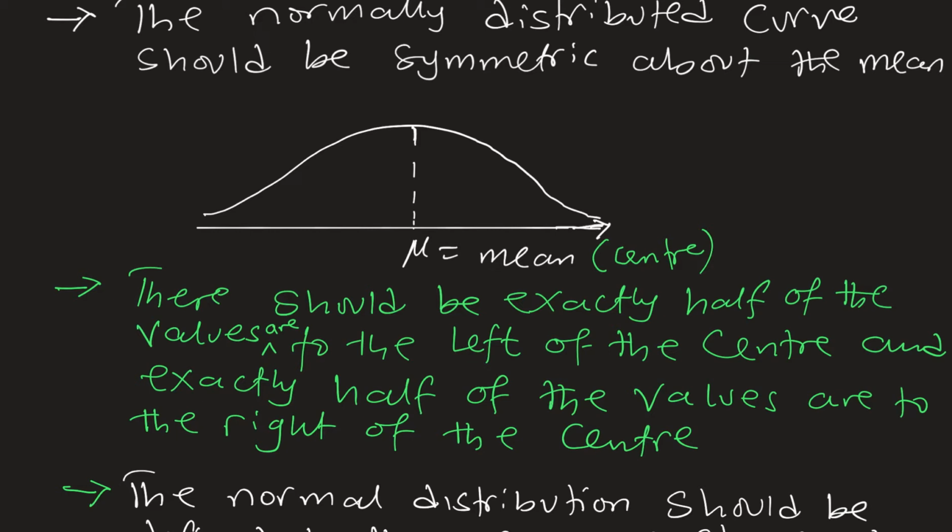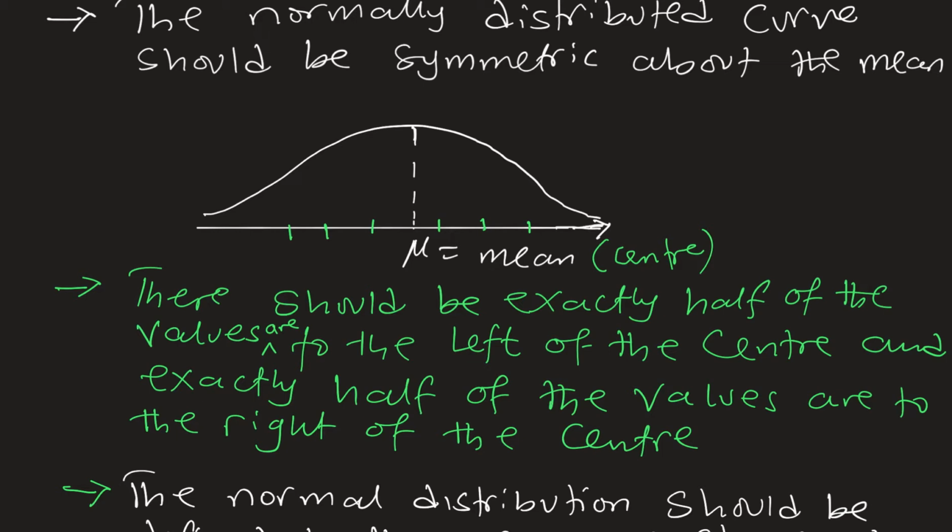Since the mean is at the center, the values on the left and the right should balance. If you have a value here, there will be a corresponding value on the other side. If you have another value, there will be another on this side. So the values to the left and the right of the mean must always be the same.